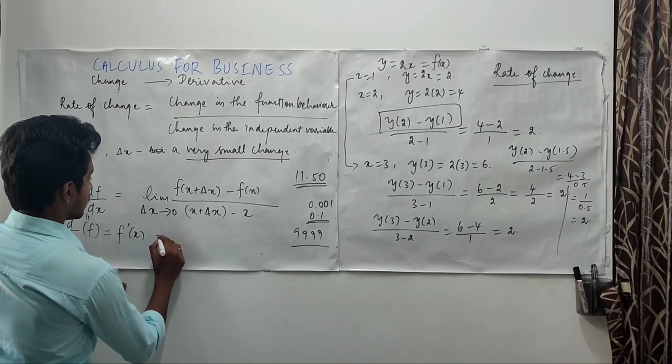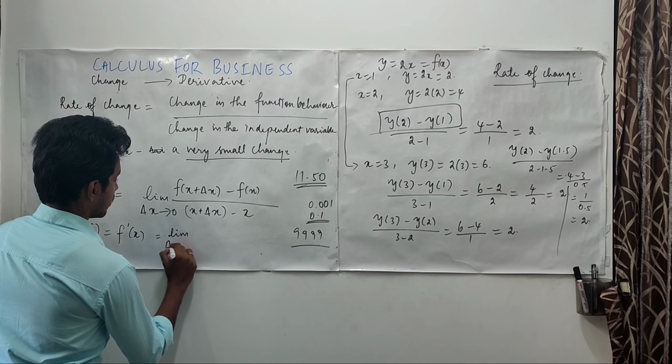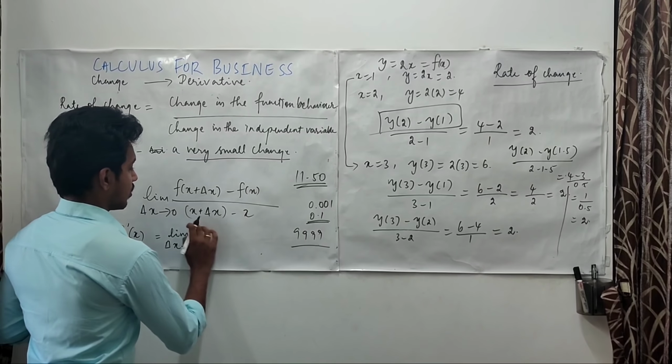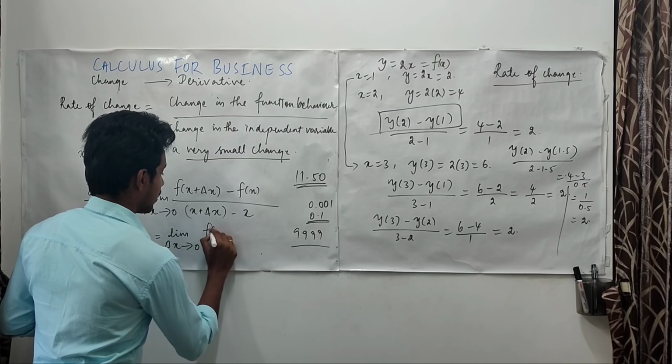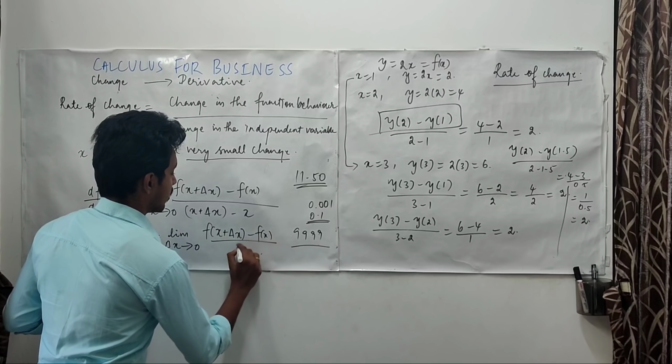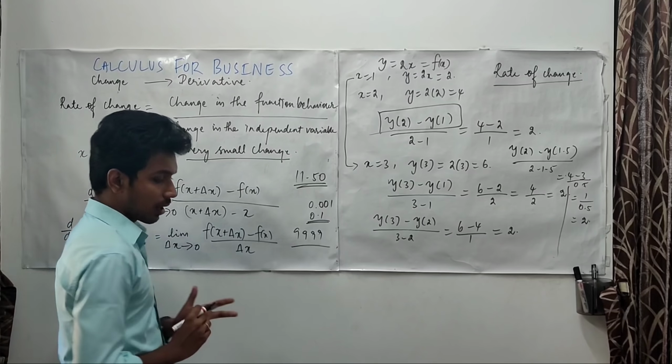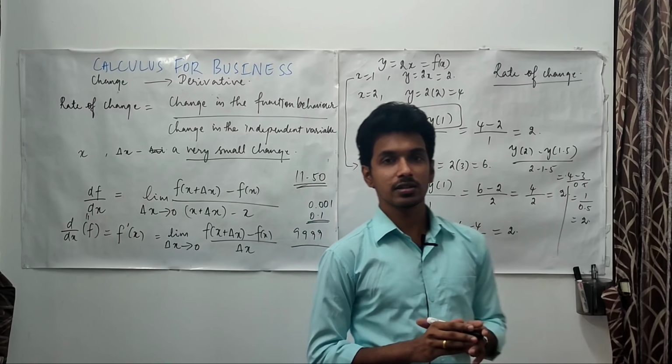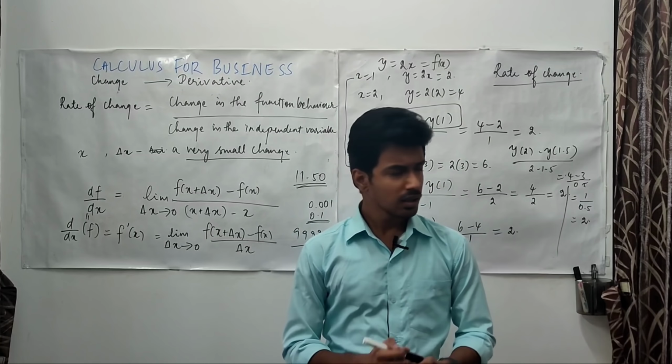And we know very well that the denominator x gets cancelled, so we will be left with f of x plus delta x minus f of x upon delta x. And this is how differentiation arose, right?